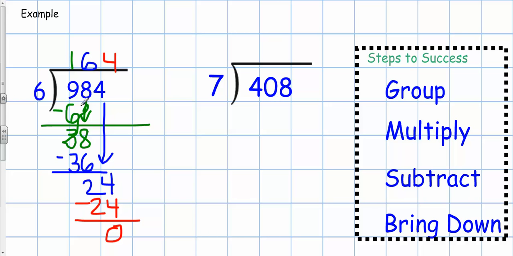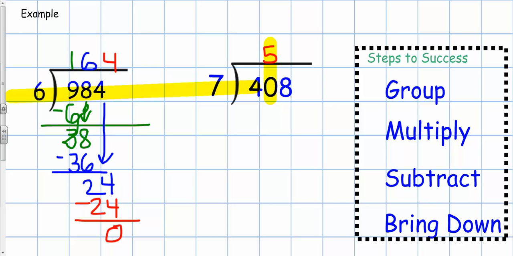I'm going to be looking at not 4, but this time 40. How many times does 7 go into 40? Well, 7 times 5 is 35. Notice this time I'm placing my 5 above my 0, because that 0 is where my 5 is going to go.